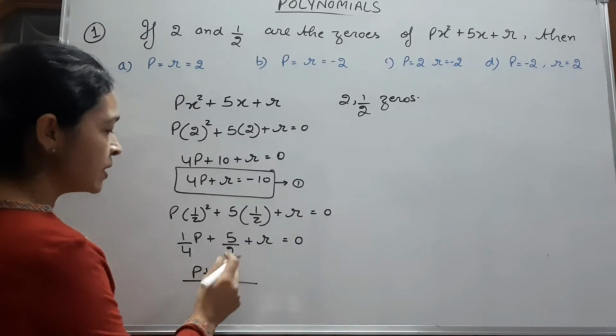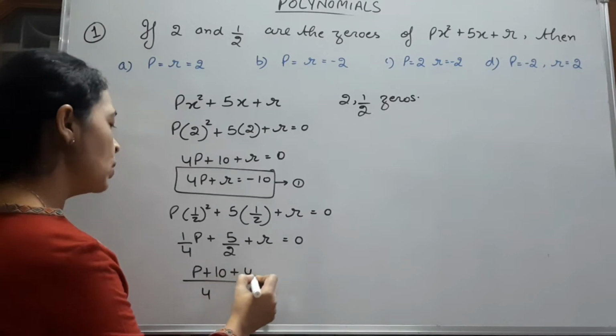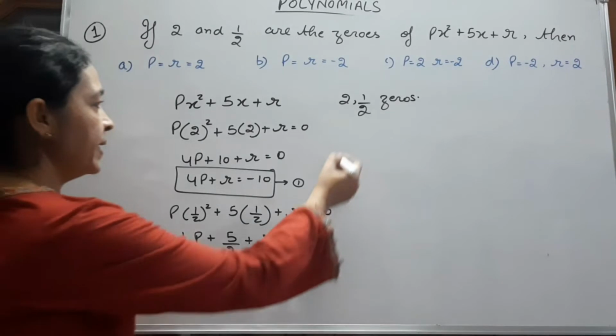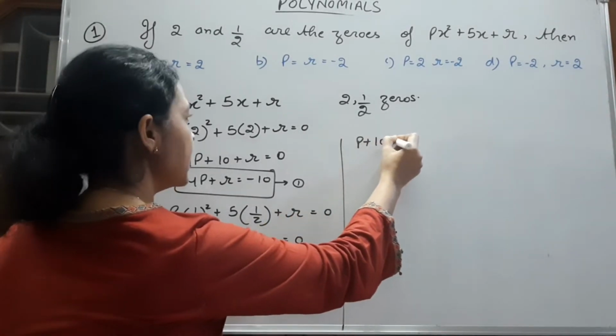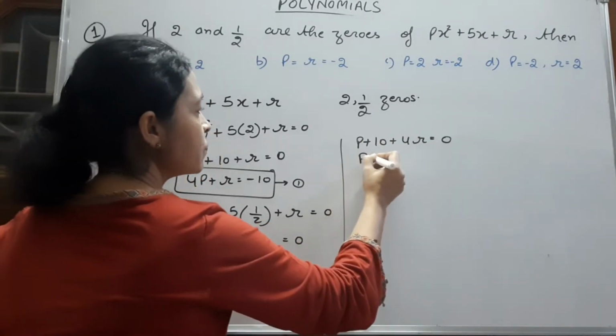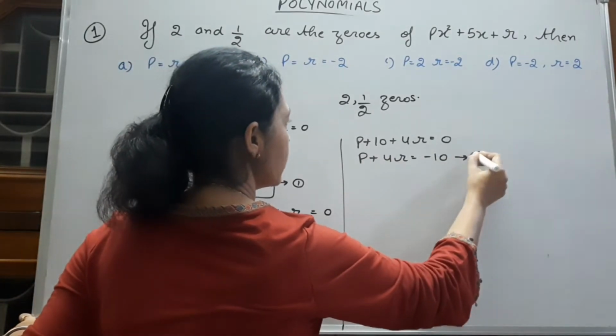We have p plus 2 2s are 4, 5 into 2 is 10, plus 4r equals 0. Take this 4 on the right hand side. So we have p plus 10 plus 4r equals 0. p plus 4r equals minus 10. Take this as equation 2.